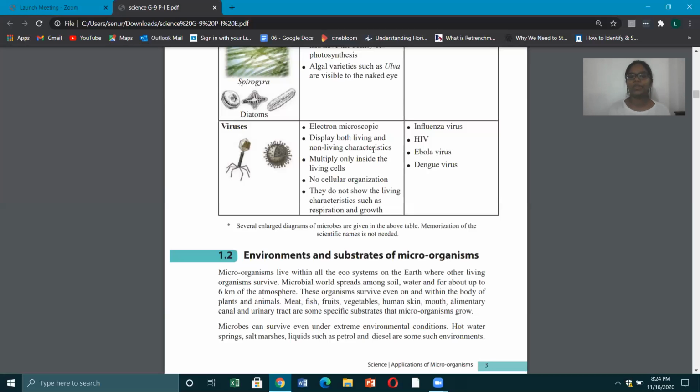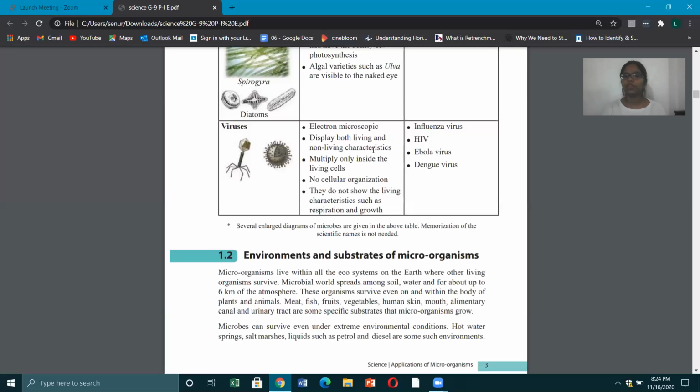That's how they can reproduce. That's how they can multiply themselves. So that's the exact scenario with coronavirus, COVID-19. In order for them to reproduce, they have to get into a living cell. For them, it's the human body.